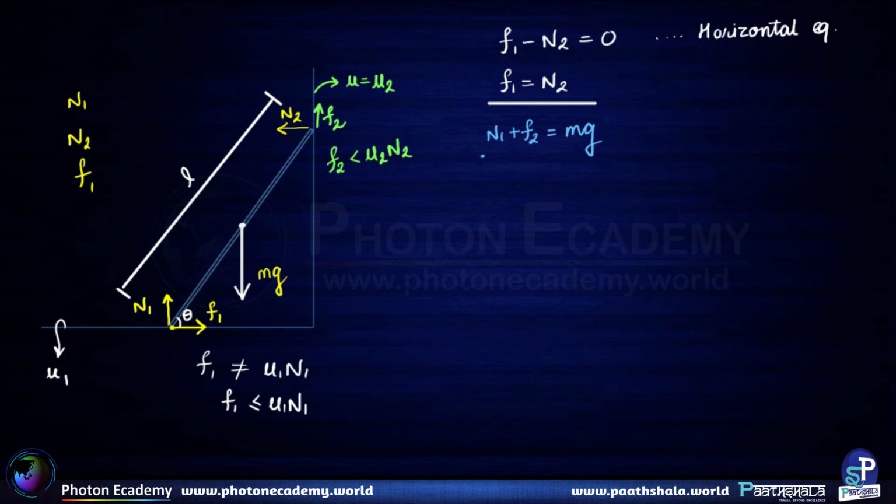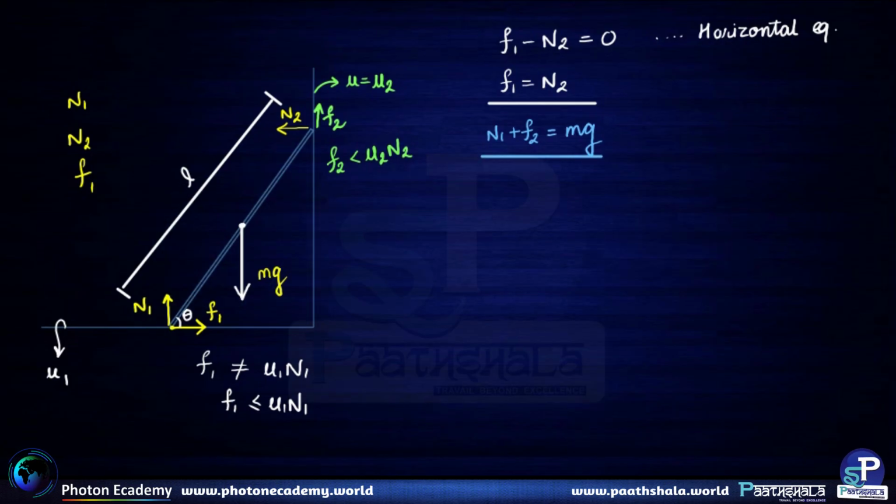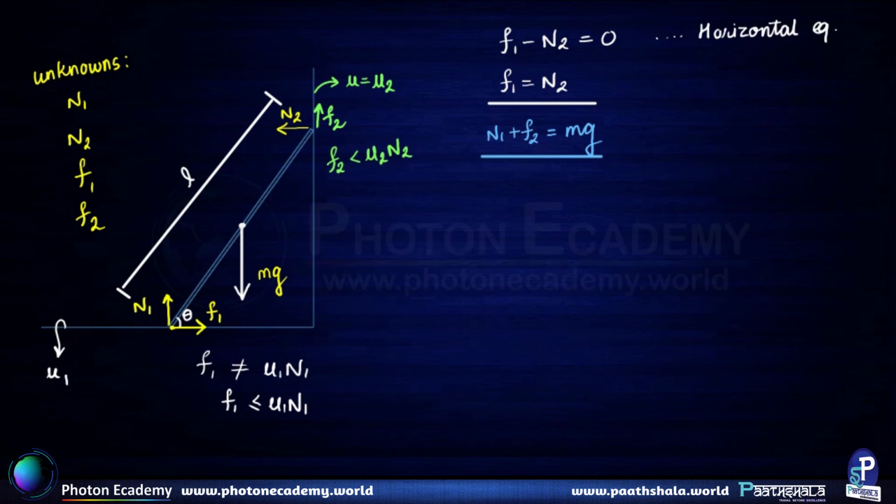Please note that here we have got 4 unknowns. In our set of unknowns, F2 is also added. So these are our unknowns. This is a particular situation wherein we are going to fall short of equations. Now what is the physical interpretation of that?